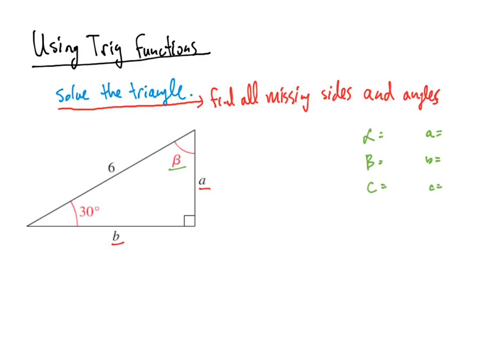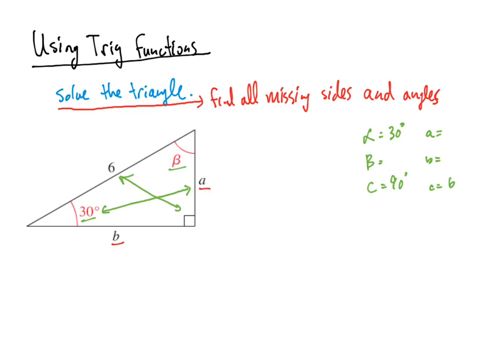So we already know that angle alpha is 30 degrees. Okay, and we know that 30 is alpha because it's opposite of side A. So alpha and A would be going together. Side C is going to be 6. Angle C is this right angle, so that's going to be 90 degrees.